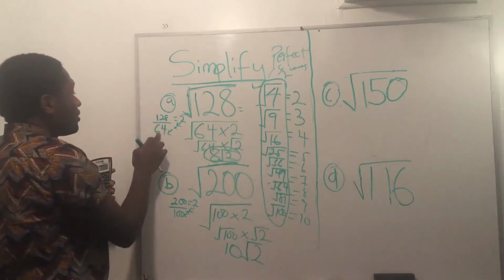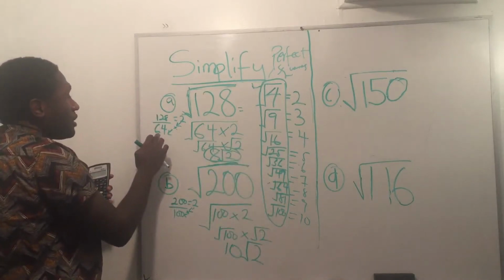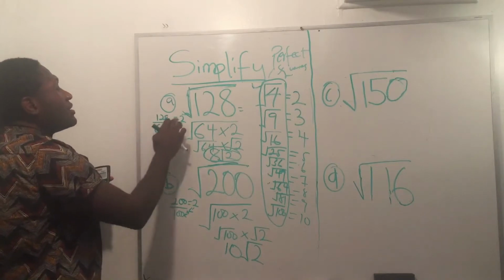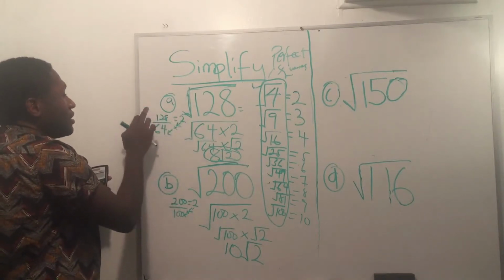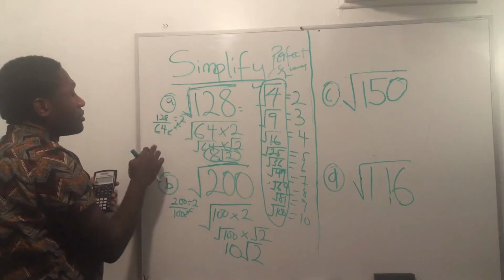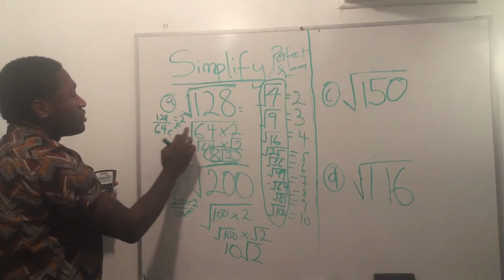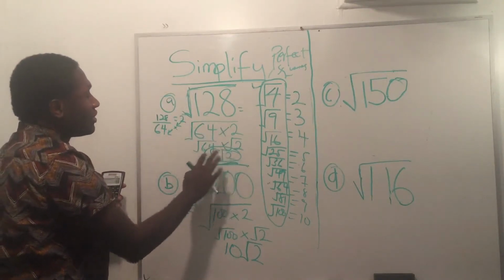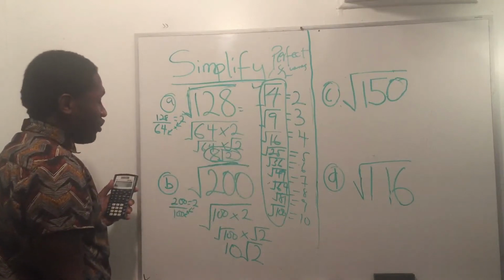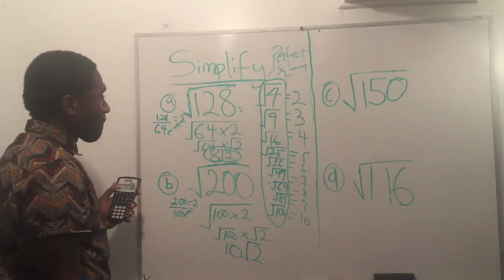And once I find it, that tells me the number that I divided by times my answer is the number inside the radical. So these two numbers is what I will use, and I break it down like that. I think I'm going to remember. I really like this.